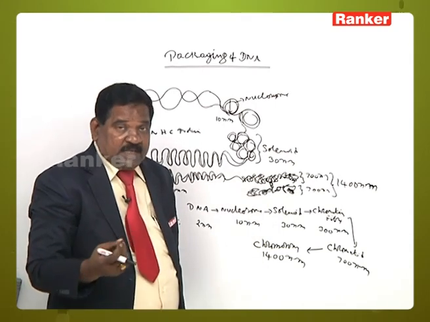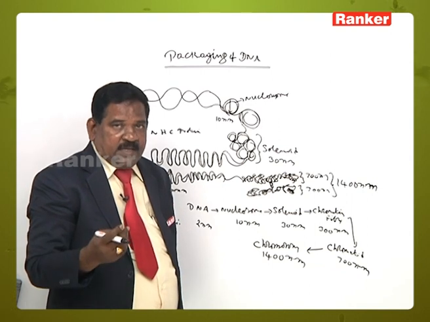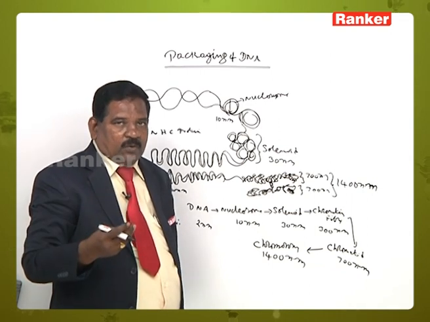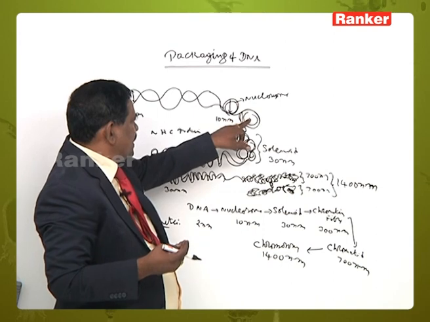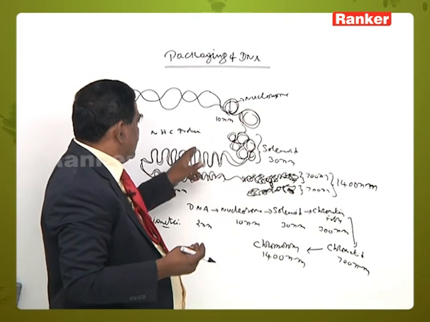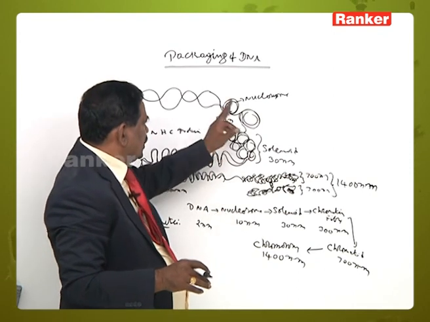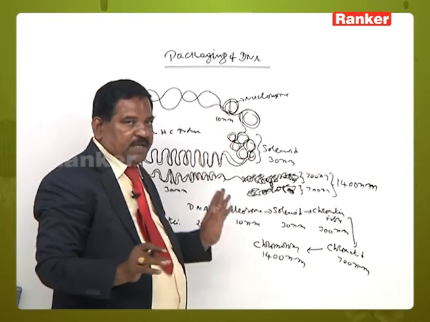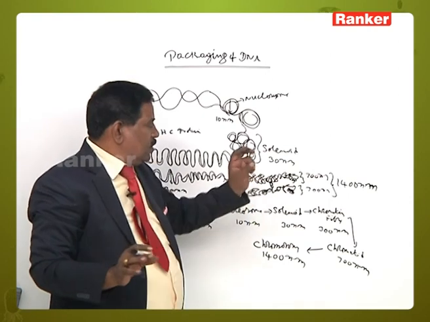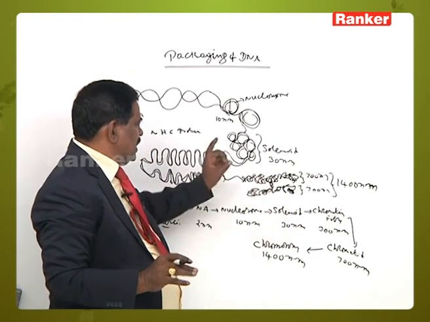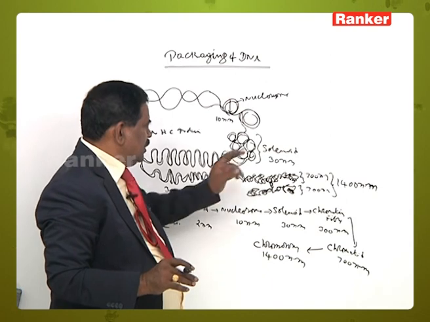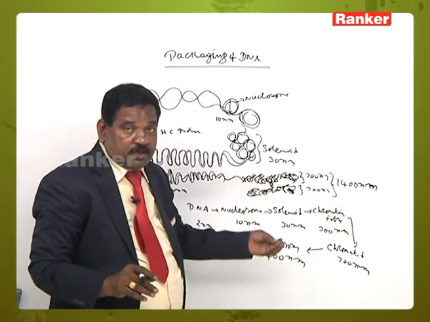During this condensation, the DNA is coiled around histone proteins present in the nucleosome, along with non-histone proteins present in the nucleoplasm. So, consider both histone and non-histone proteins. A chromosome consists of DNA, histone proteins, and non-histone proteins.